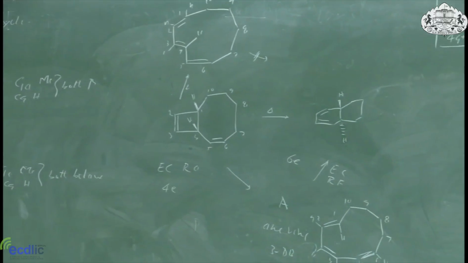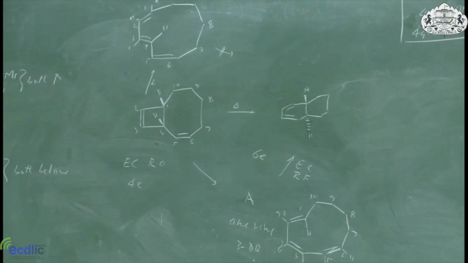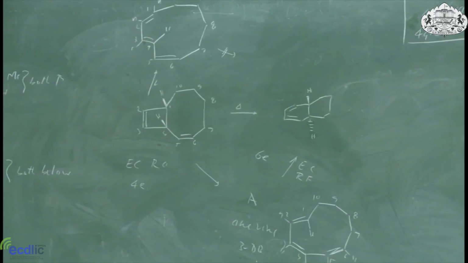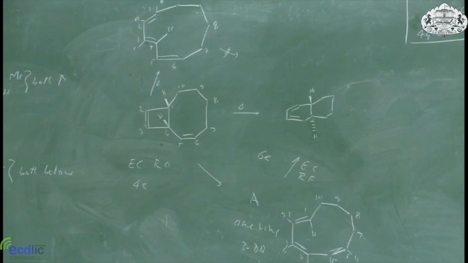So though the reaction looks as though it is sigmatropic, actually it involves two electrocyclic reactions. The first reaction is a 4-electron ring opening reaction.